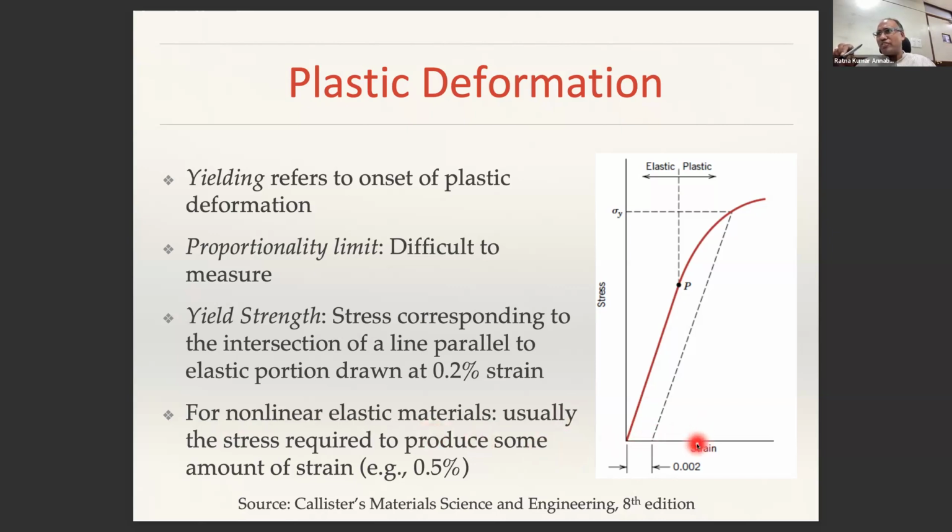Let us say this is your 0.5% strain. Draw a vertical line at 0.5% strain, vertically up, and wherever that hits the curve, you report that as the yield strength of the material. These are the two prescriptions, and this is only a guideline so as to avoid confusion between different people reporting different values of yield strength of the material. Okay.